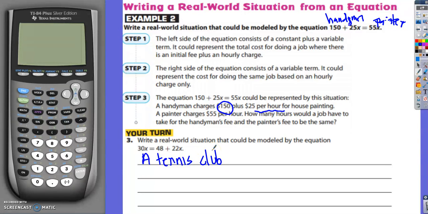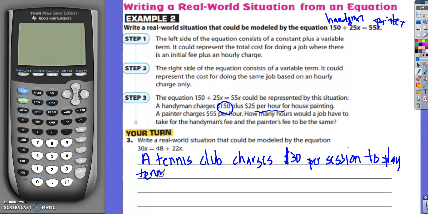A tennis club charges $30 per session to play tennis. Okay, so that's the left-hand side. The constant rate of change is $30 per session.